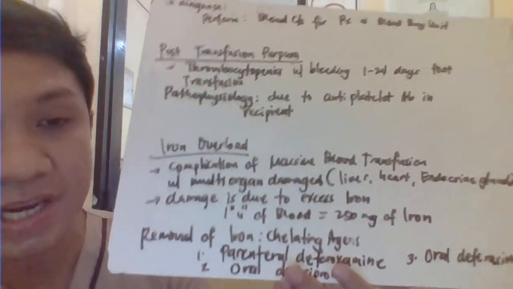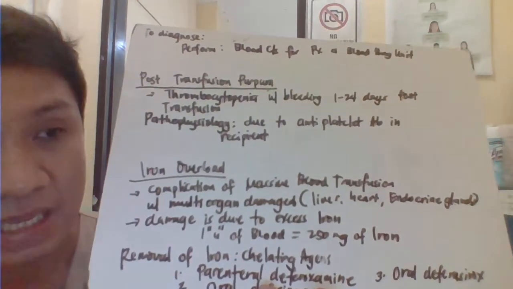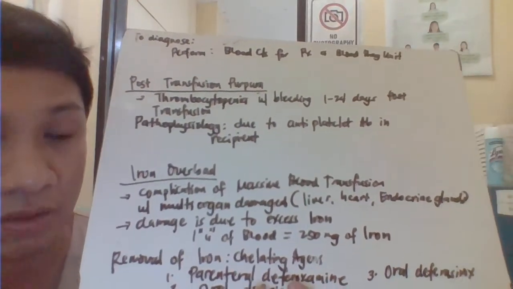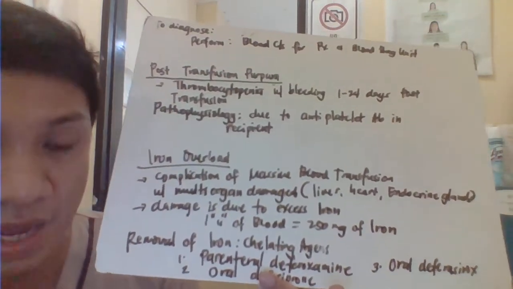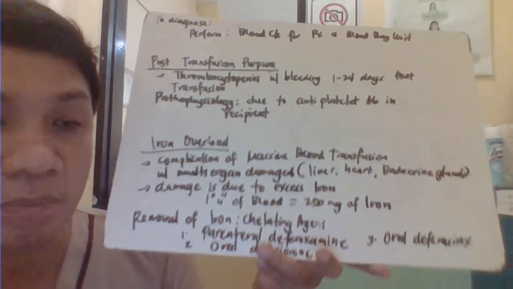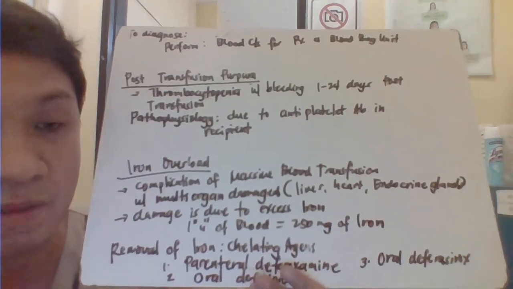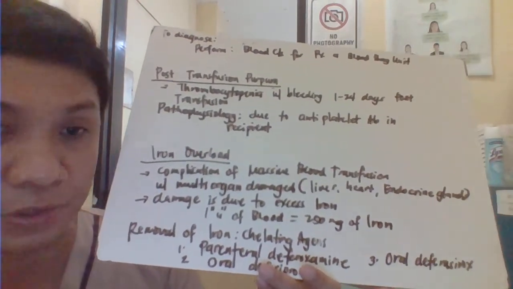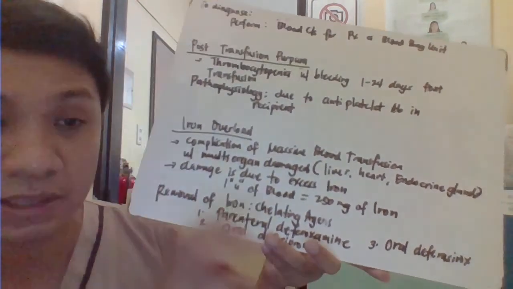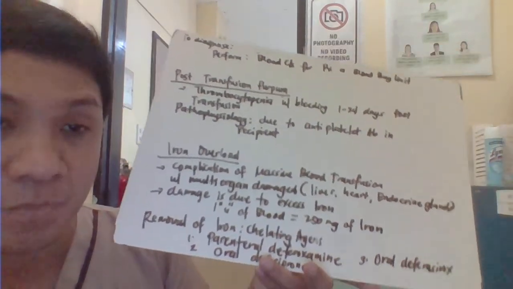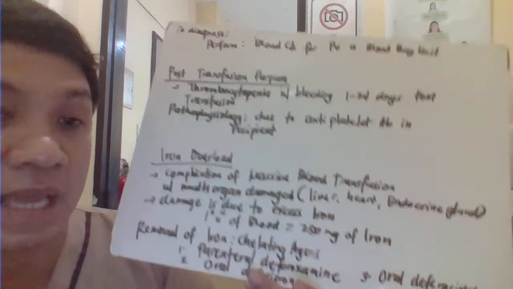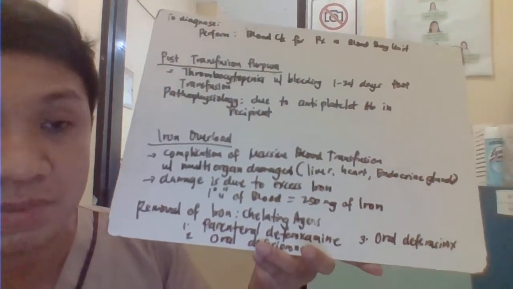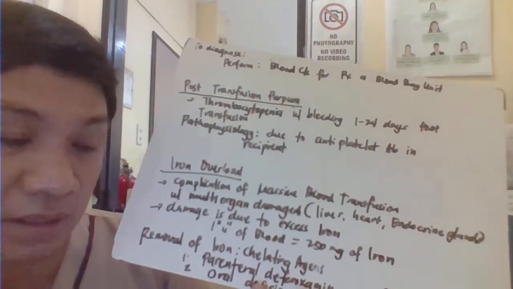Okay, to identify specifically if the unit of blood or even the patient has transfusion-associated sepsis, you just need to extract blood from both the patient and the unit of blood and perform blood culture. The specimens from the patient and from the blood bank should coincide with one another in terms of the bacteria isolated.